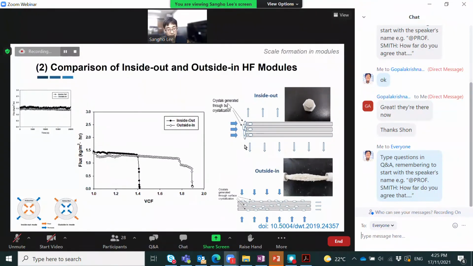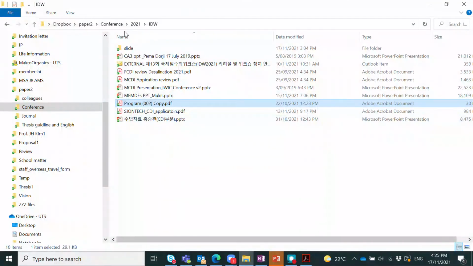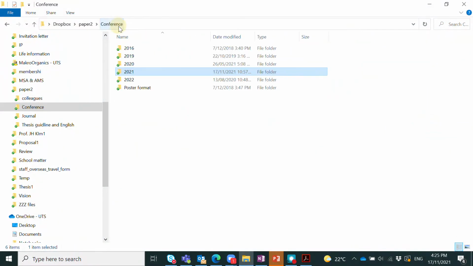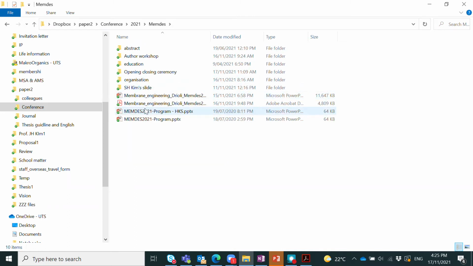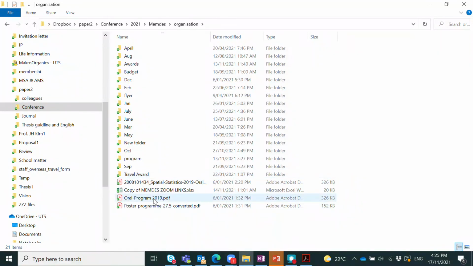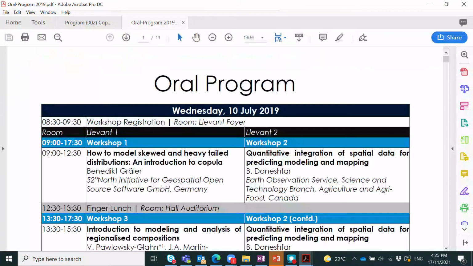However, since the channel inlet of the fiber can be blocked by crystals generated through homogeneous crystallization, flux decline happens rapidly. That is why we should not use inside-out hollow fiber membranes when scale formation can happen.